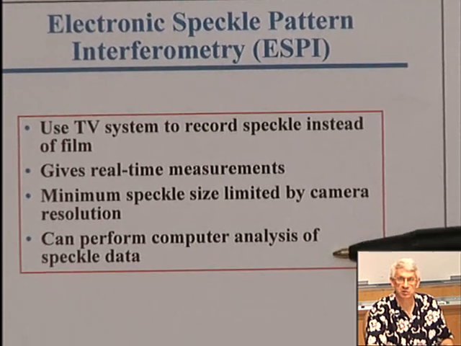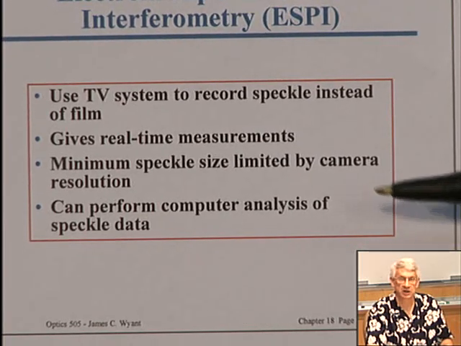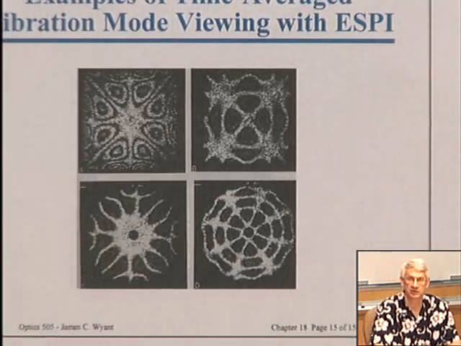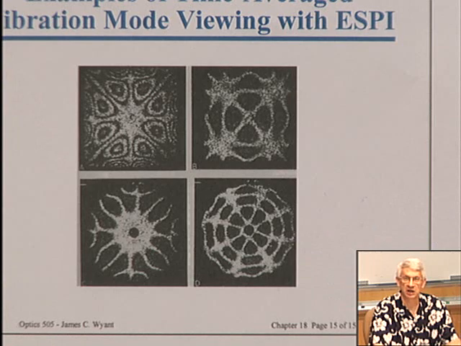And then what we can do is use these powerful computers that we have now to perform computer analysis of the speckle data. And I'm not going to go into a lot of detail about that. Again, the analysis requires some knowledge of statistics. But here's some beautiful patterns that were obtained for different vibrational modes of vibrating plates.